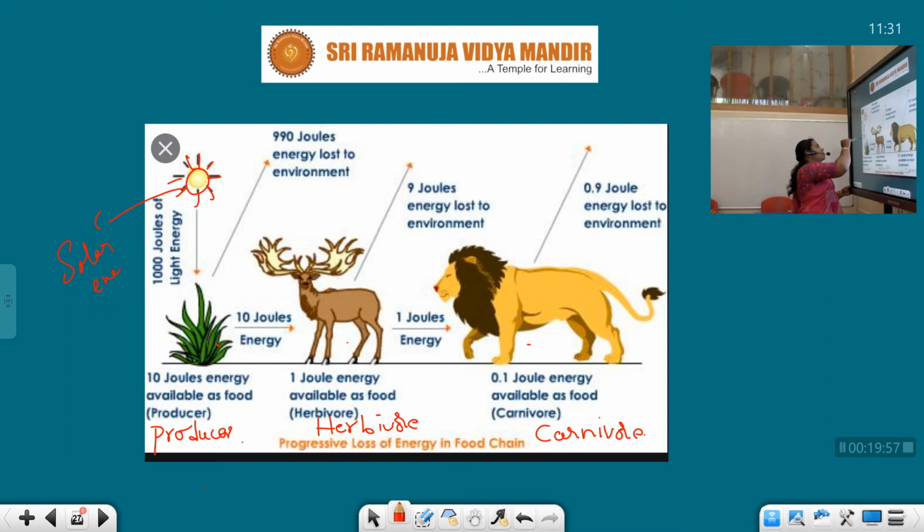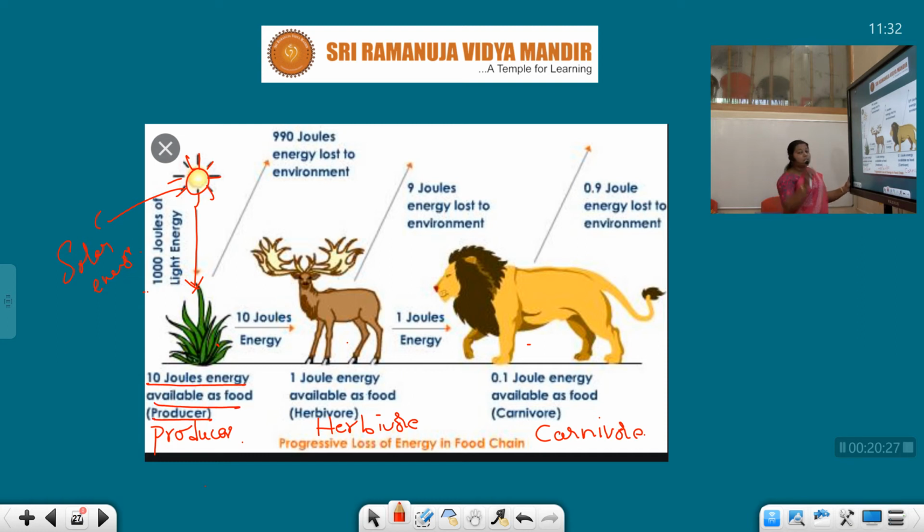Let us see. There are 1000 joules of light energy released by the sun. How much, students? 10% of the 1000 joules of energy released by the sun. Out of 1000, 10 joules of energy is available to the producers.